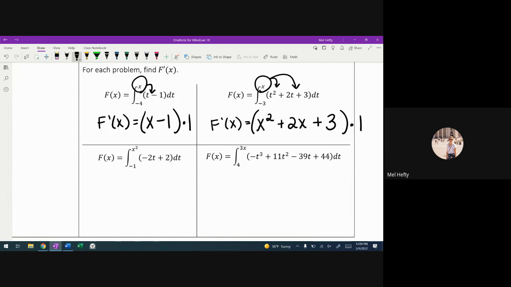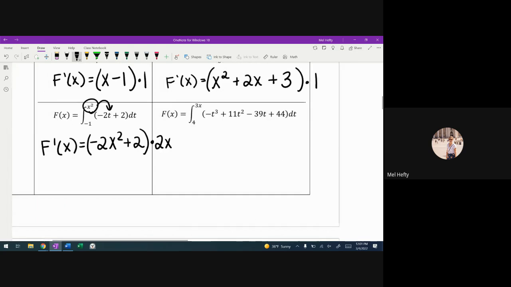All right. Anyone feeling this guy right here? I'm starting with -2. Instead of t, what will I write? X squared. Will the +2 come along for the ride? Yep. Times 2x. That's coming from the derivative of our top bound. Using parentheses to make sure I'm multiplying by everything. Did everyone have fun doing the last one?